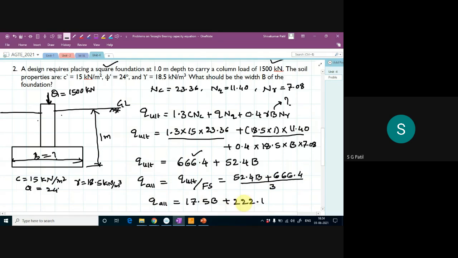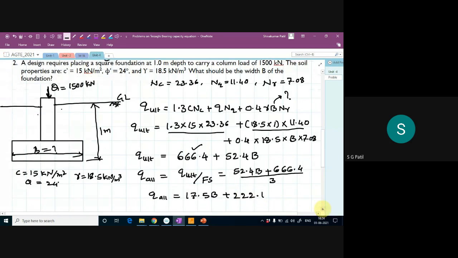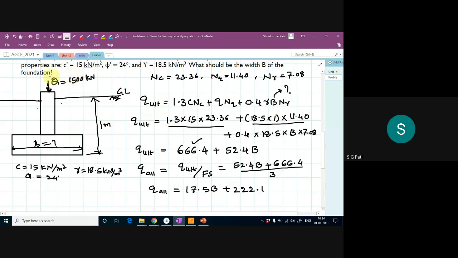Now, once I get the q allowable, what is the applied pressure on the ground? Applied pressure is nothing but whatever load is there, that load divided by area.